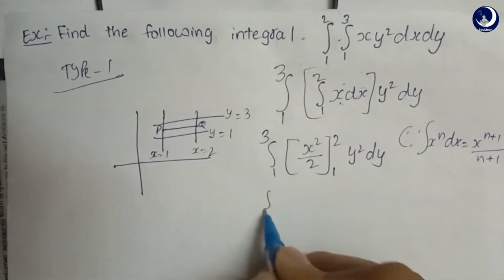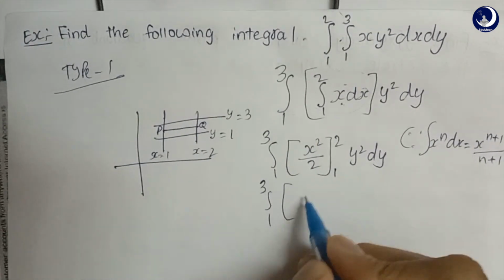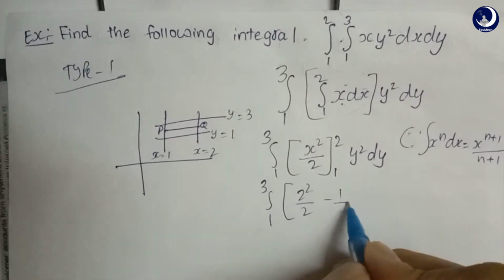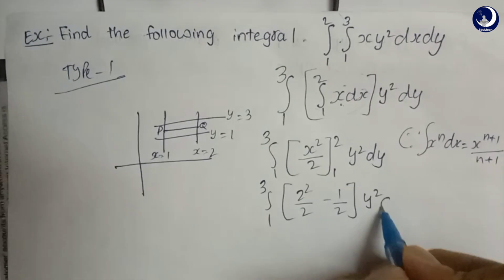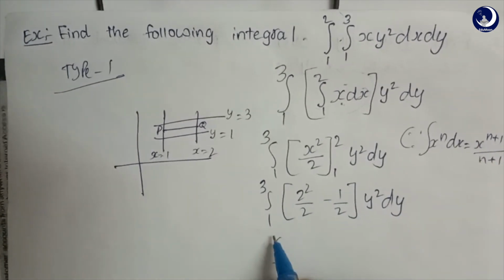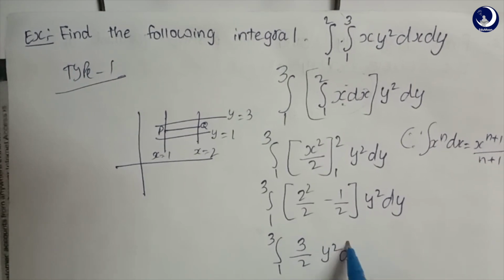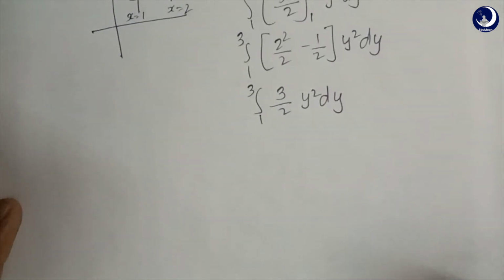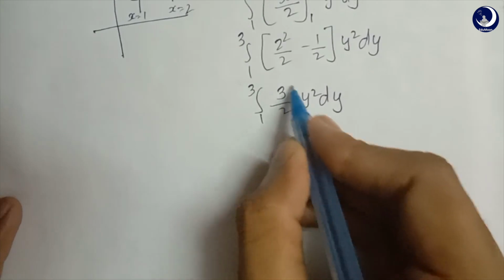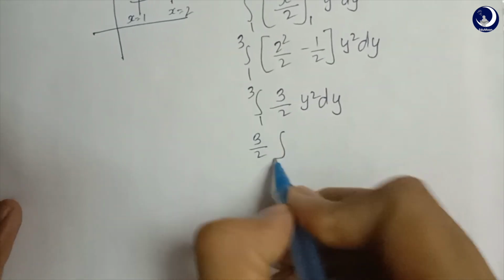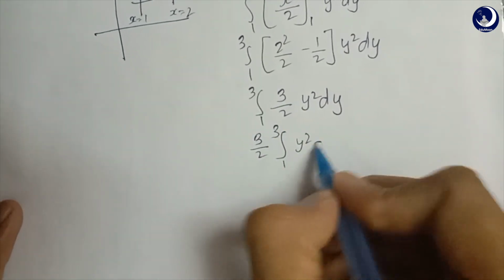By solving this we get 2 square by 2 minus 1 by 2 into y square dy, integral 1 to 3, 4 minus 1, 3 by 2 into y square dy. So now the constant gets out, 3 by 2, 1 to 3, y square dy.